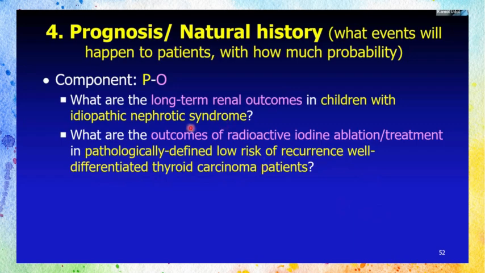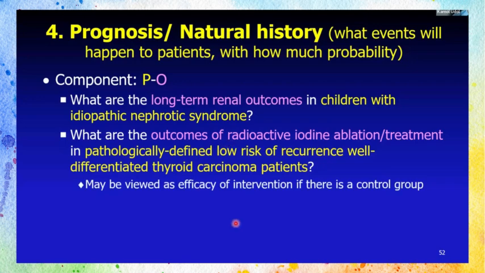And the outcome of radioactive iodine ablation. So patients receive ablation, what are their outcomes in the long term? This particular question may be viewed as efficacy of intervention. If there is a control group comparing ablation versus no ablation, then it will convert this question into the third category.